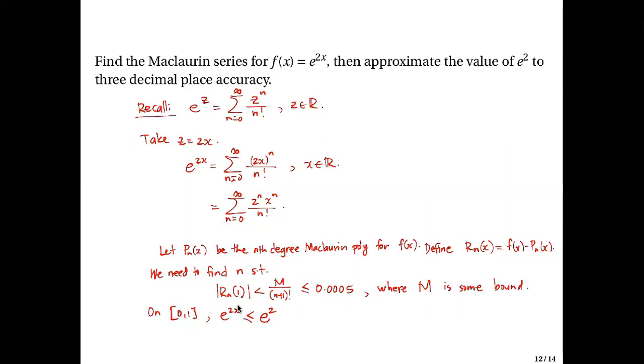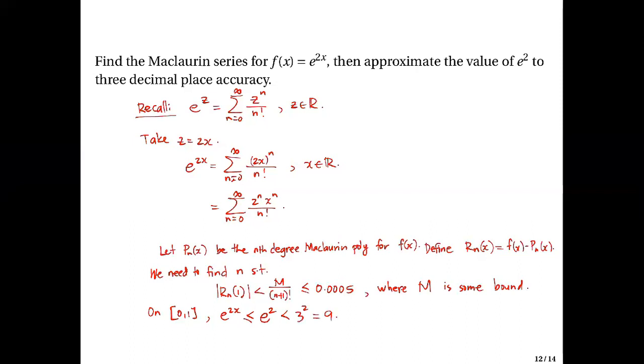So the highest value of x is 1, so 2x will be less than or equal to 2. That's why e squared is greater than or equal to e to the 2x. But e is some irrational number. So instead of e, let's just use 3. So 3 squared, and we will have 9.